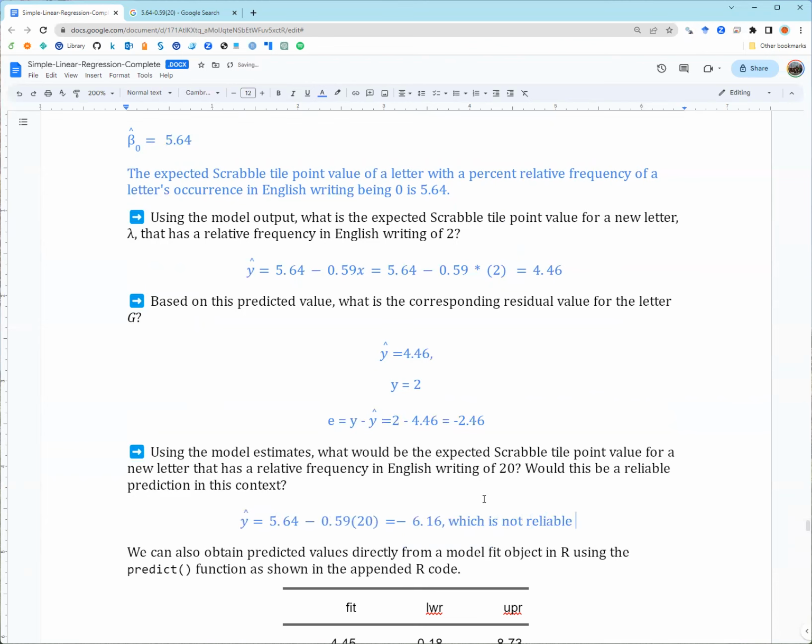The main issue here, besides it being negative, is that it's not reliable due to this being what we call extrapolation.